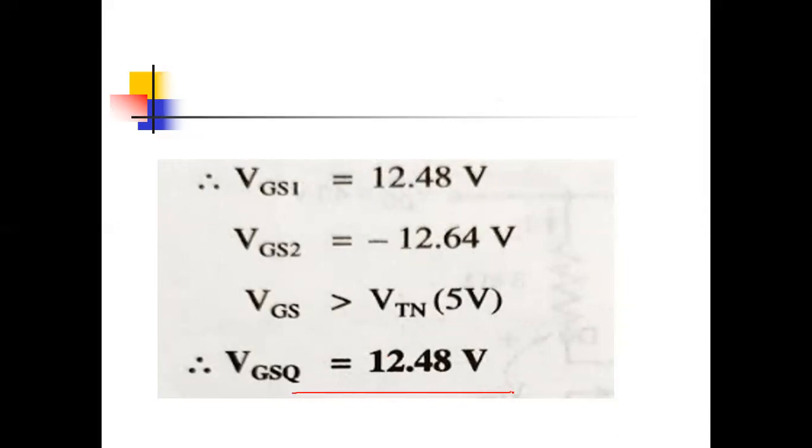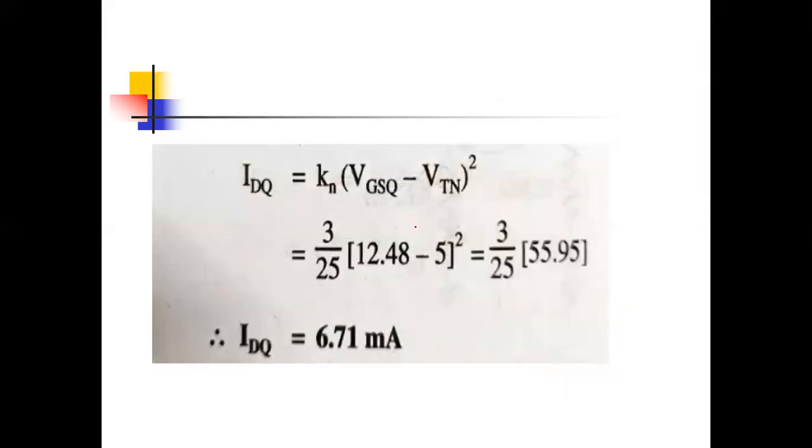With this method, VGS is 12.48, and putting VGS in ID gives you the ID.